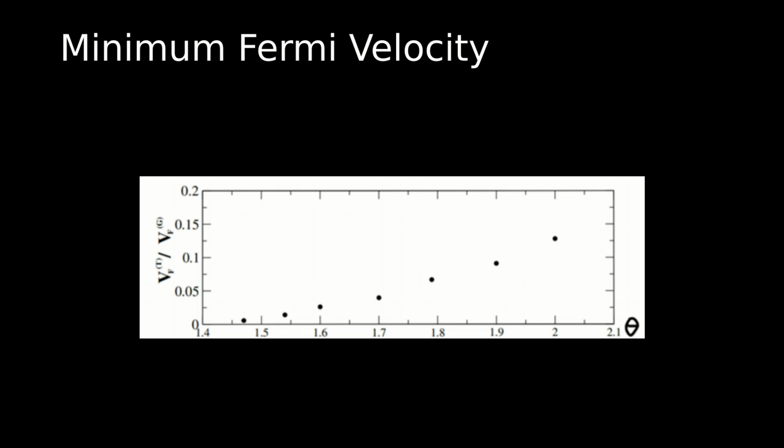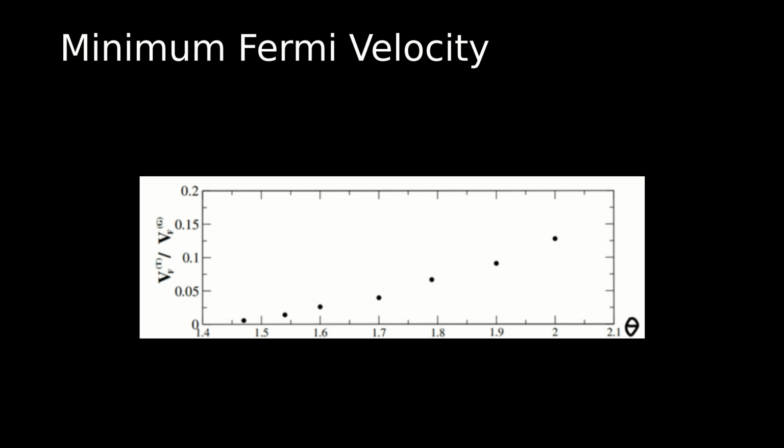So here, in this graph, the y-axis shows the Fermi velocity of twisted bilayer graphene over the Fermi velocity of single layer graphene, and the x-axis shows the twisting angle.